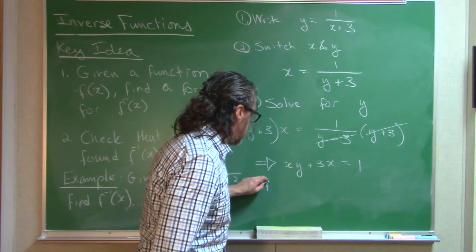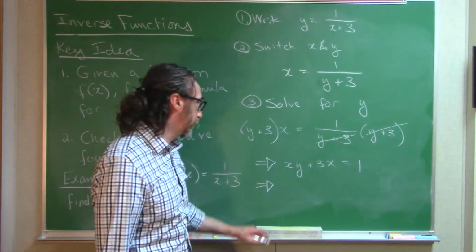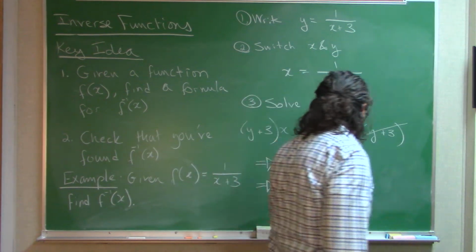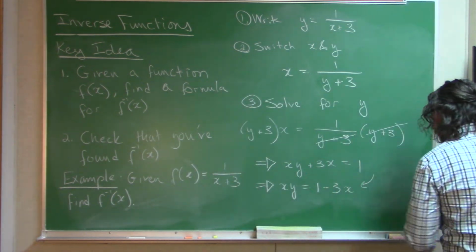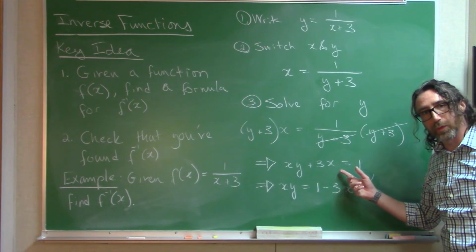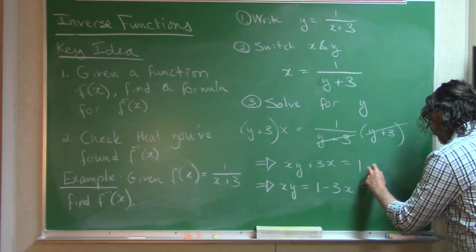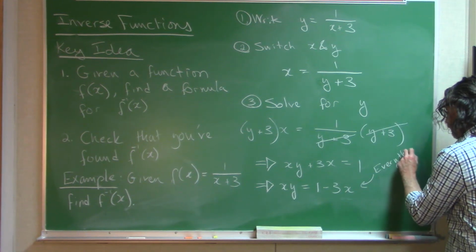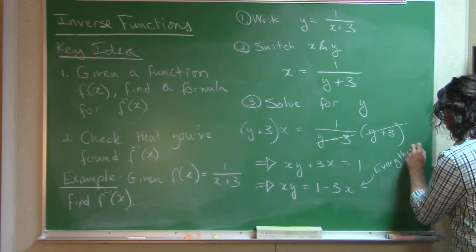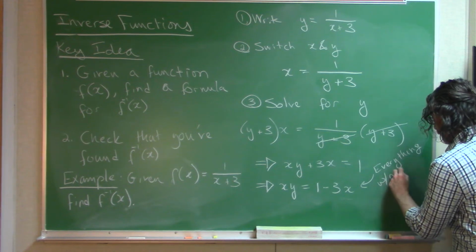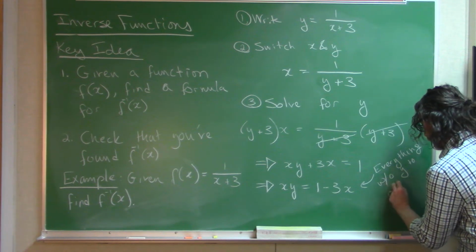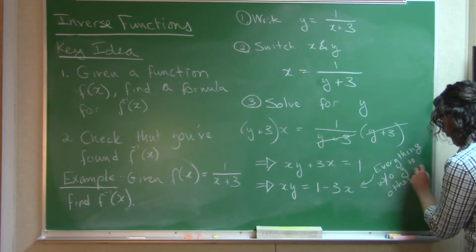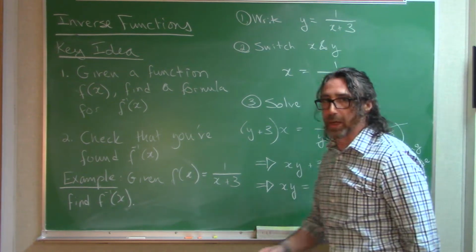If this equation is true and I'm looking to get y by itself, here's what I need to do. I'm going to subtract 3x. The rule is I need to get everything without a y to the other side.